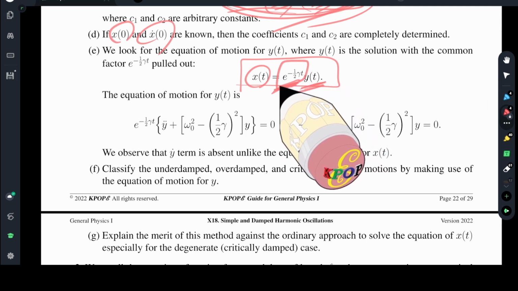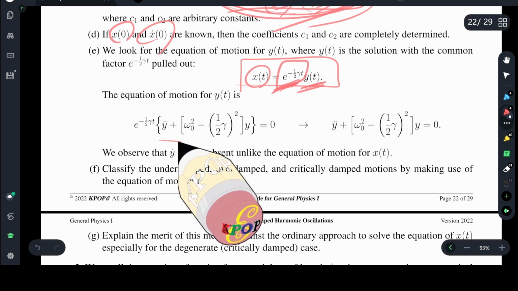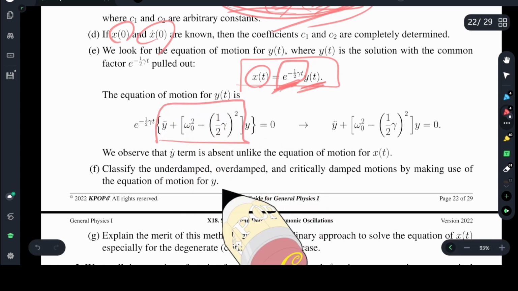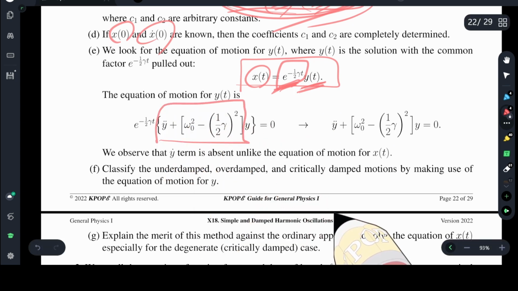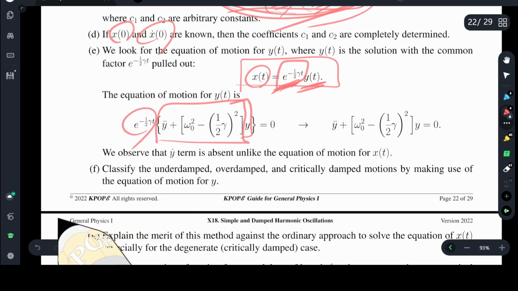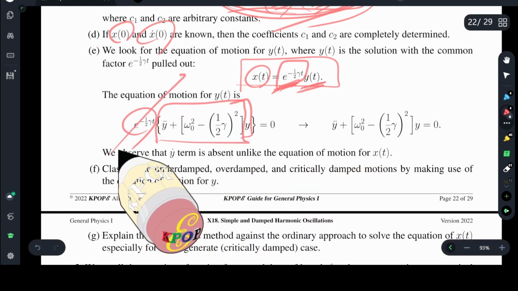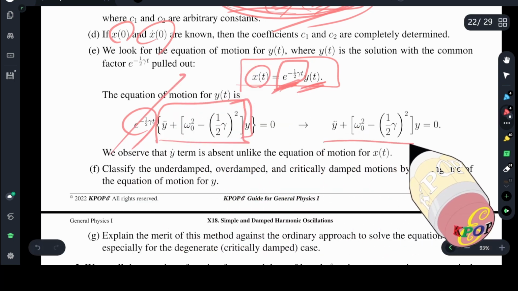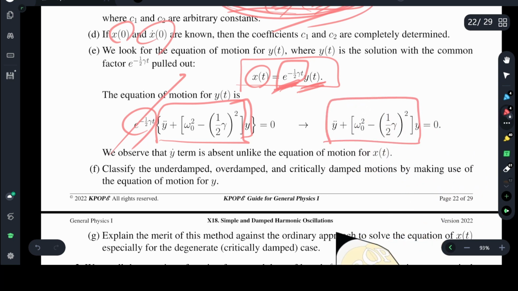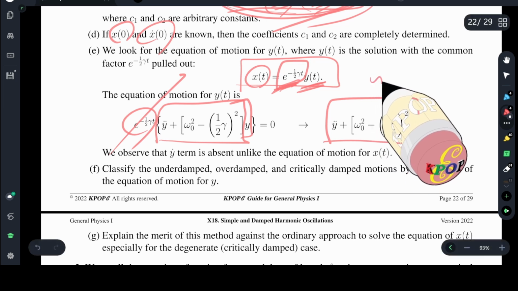Substituting this one into the equation, you end up with a very simple equation, including this. Because again, this exponential is never zero, I can divide both sides, and I end up with the equivalent equation. This equation of motion does not have y dot.